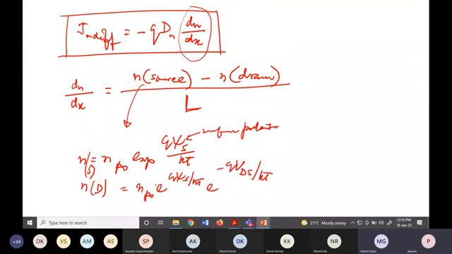So that is in the drain side, and you can put these two over L, you can find out Jn diffusion, and ultimately the equation you will get is basically exponentially related.